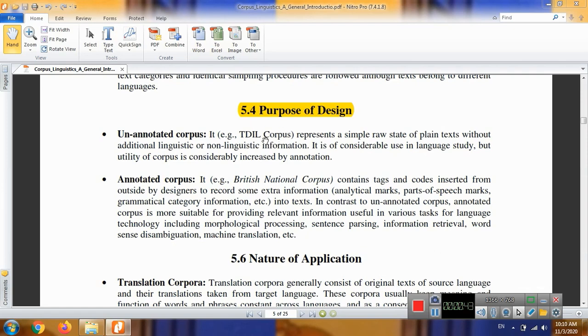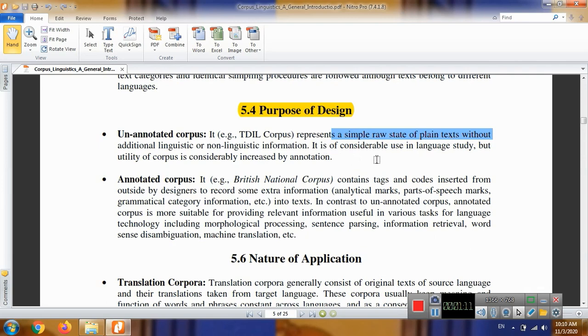Unannotated corpus, like the TDIL corpus, represents a simple raw state of plain text without additional linguistic or non-linguistic information. Here in the unannotated corpus, we are faced with a raw state of plain text. We don't have any additional linguistic or non-linguistic information.